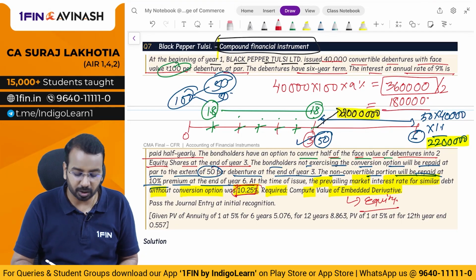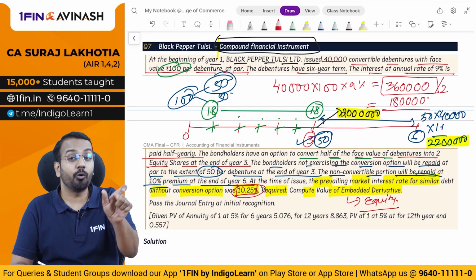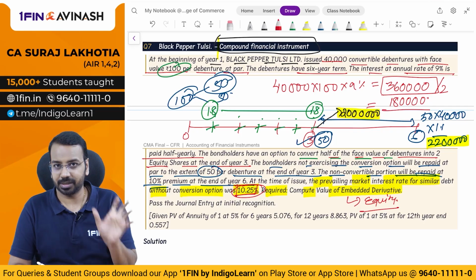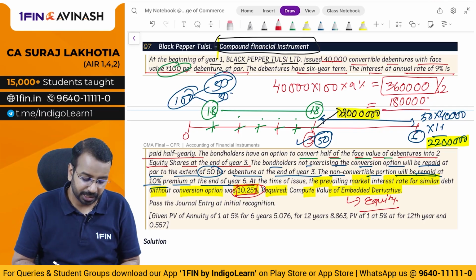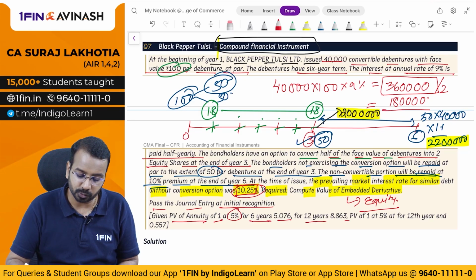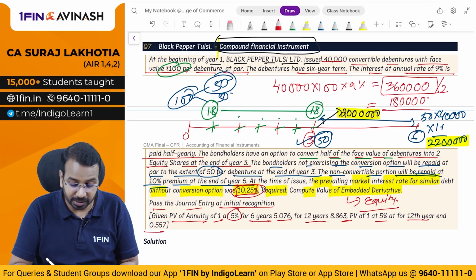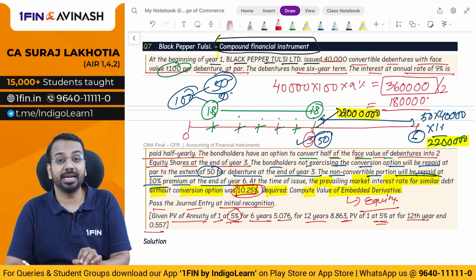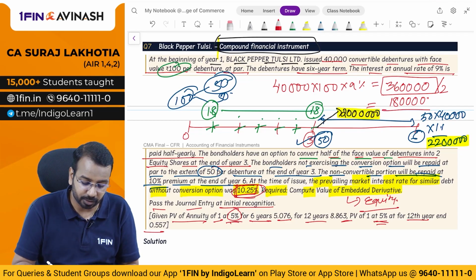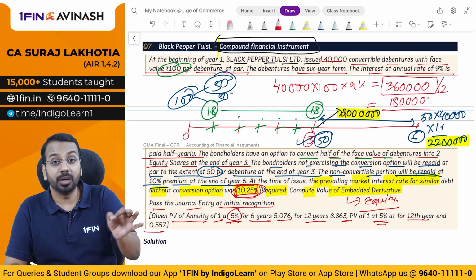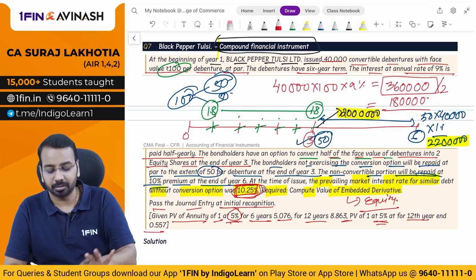But if it is 6 monthly compounding, we have to derive what is the rate of interest for the first 6 months. That is one issue. Pass the journal entry at initial recognition: annuity factor of 5% for 6 years is so much, 12 years is so much, 5% for the 12th year end is so much. So they have given us 5% factor. So this is an indication that this 10.25% is not annual, it is 6 monthly compounded. How do we do that?